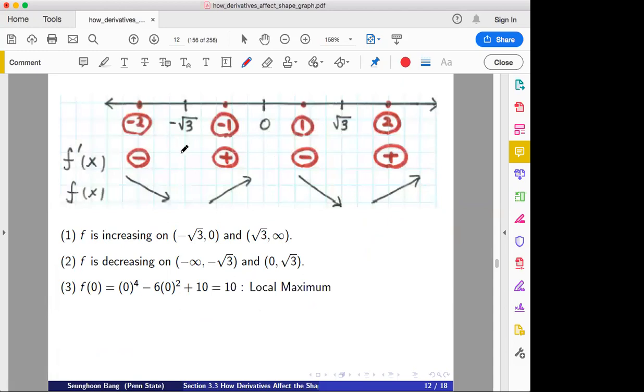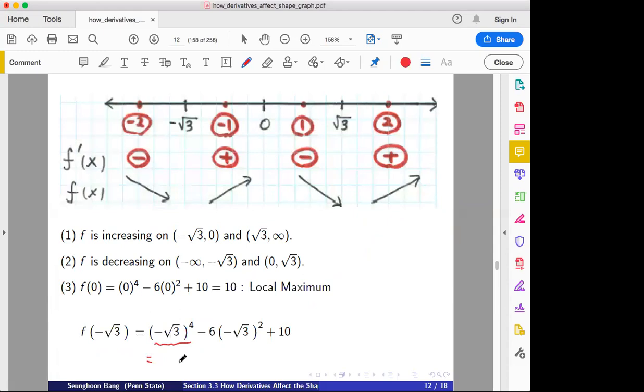Similarly, you can plug -√3 into f of x. The negative √3 to the 4 minus 6 times -√3 squared. What is negative √3 to the power 4? Do you know this one? Yes, 3 squared.